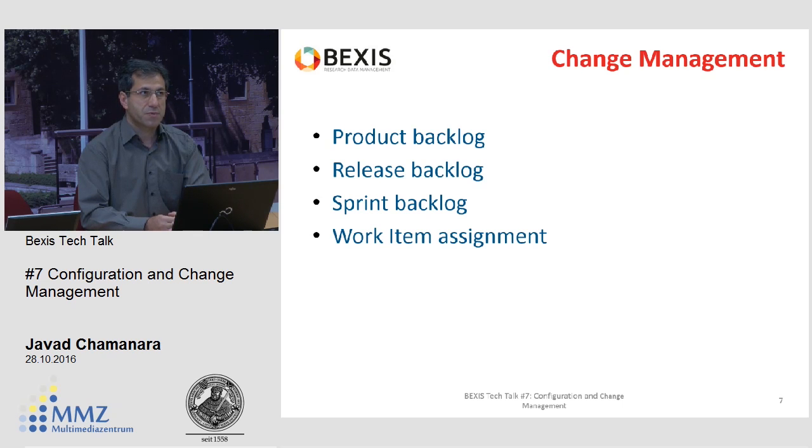And then for each sprint, we choose a subset of the current release backlog as our sprint backlog. From the sprint backlog, we assign items to the available people. At the end of each sprint, we have an evaluation to see how far we have got. And then the same for the release, and again the same for the product.